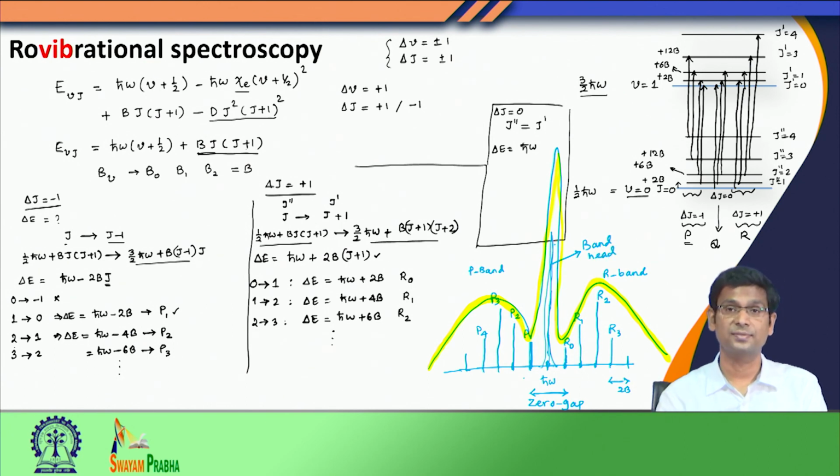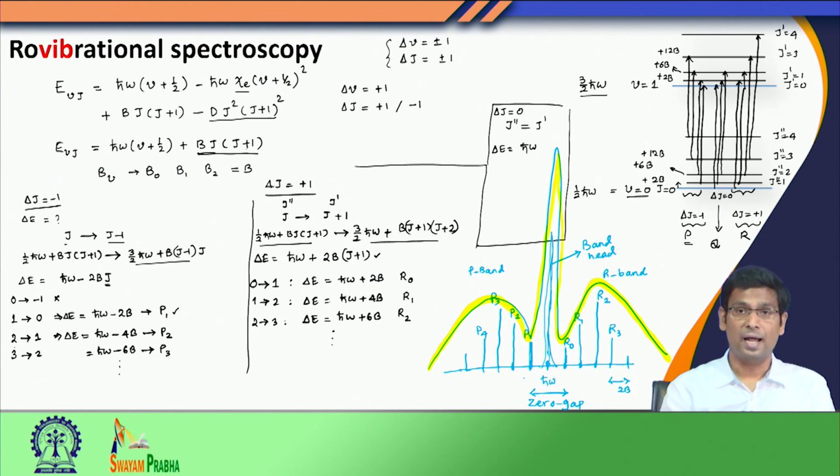And this band head is very easy to identify in a spectrum, because this is the high energy, high intensity region. And if there is no Q band, then we see a clear gap, which is the energy difference between the P lines and the R lines.